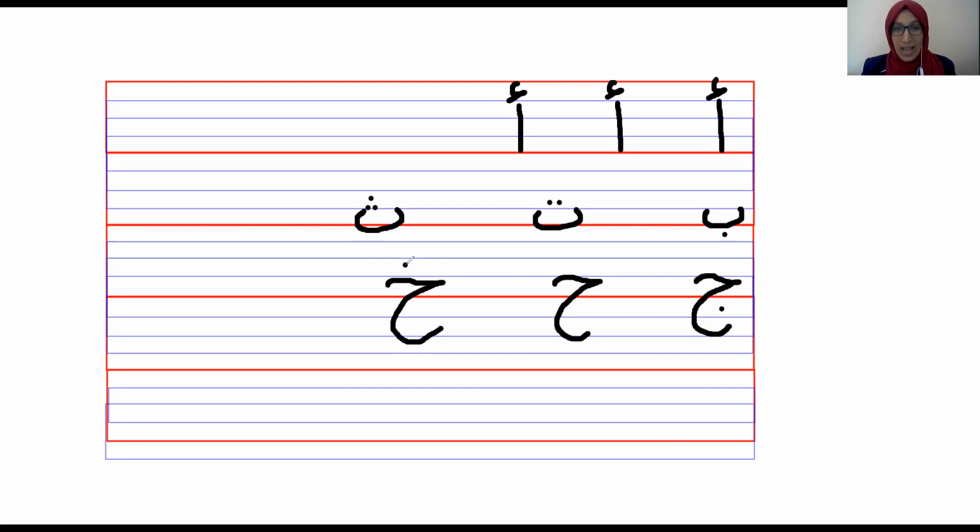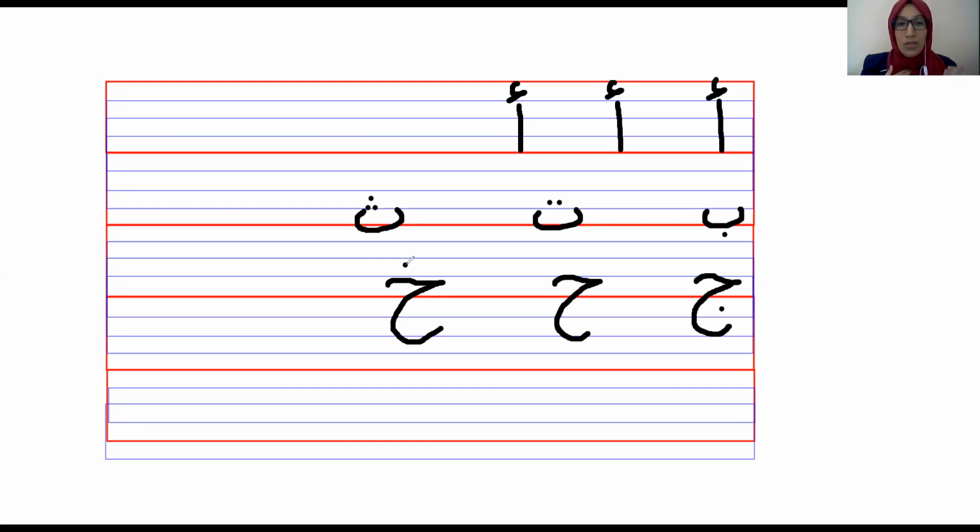By the way, we have 6 letters in the Arabic language that we pronounce from the throat. In your throat, you have 3 levels: the bottom, the middle, where you have Adam's apple, and the top. From the bottom, you can feel something empty, like a circle.